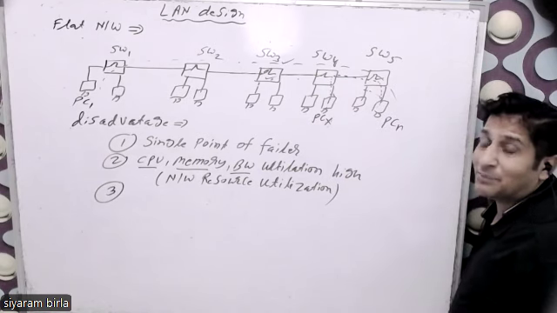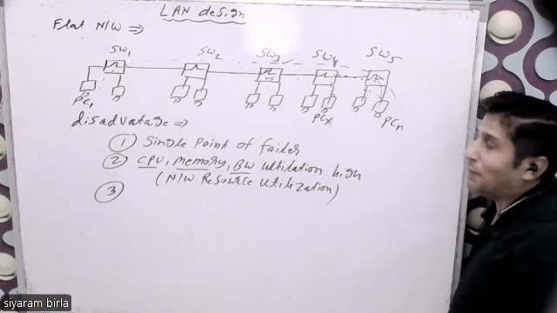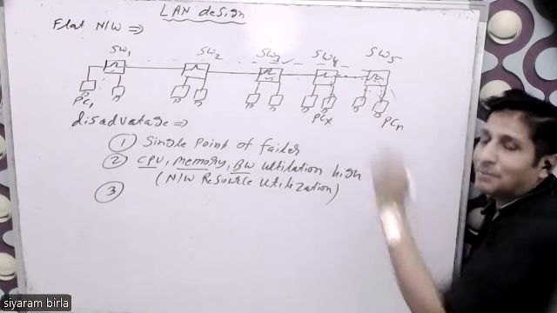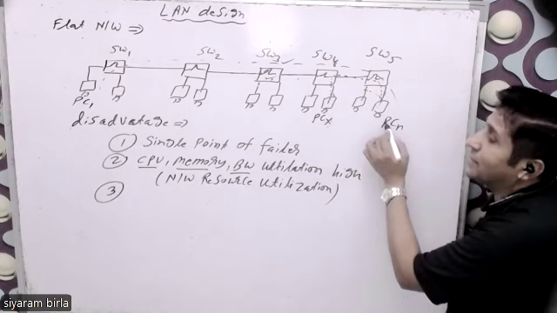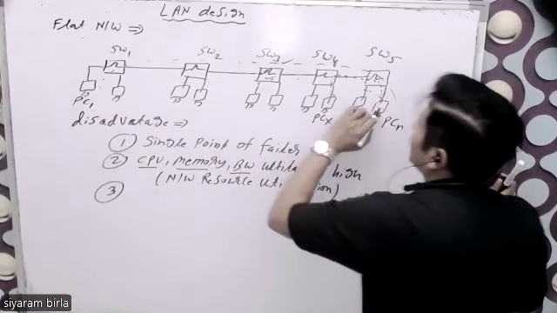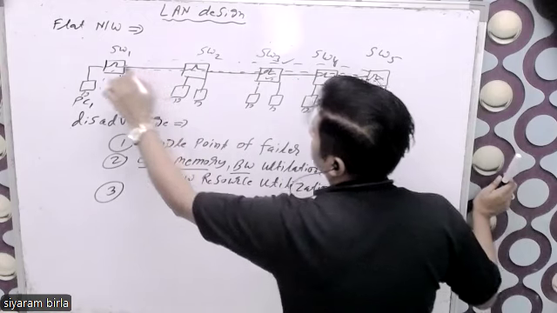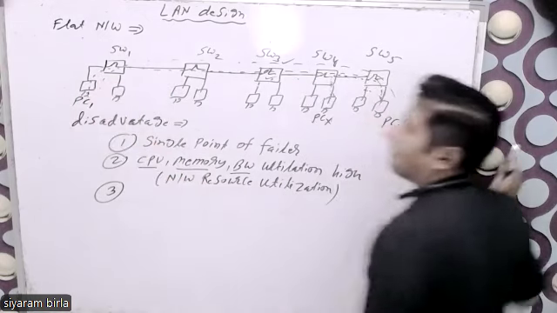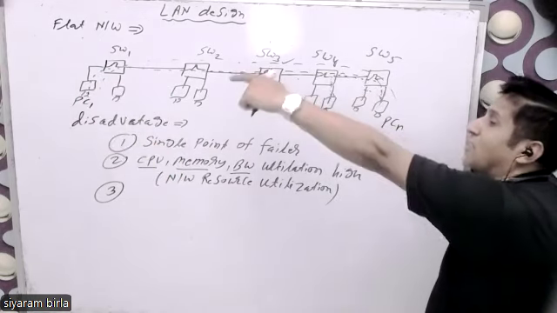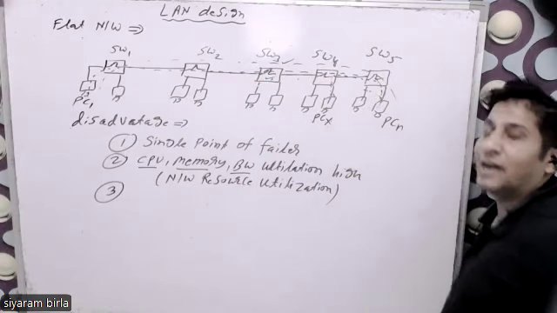Because this is the minimum distance, the time taken will be minimum. And suppose PCN sends traffic to PC1. This traffic goes across all the switches and then reaches its destination. So the distance is higher, so it will take higher latency.